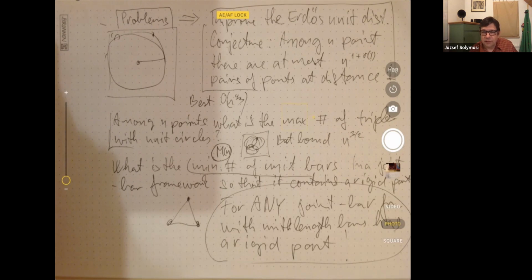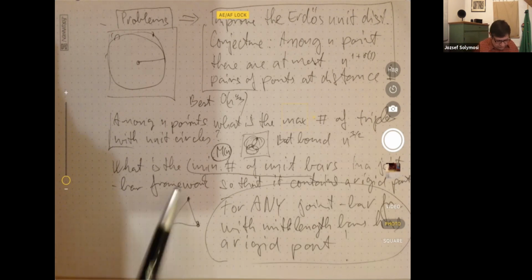Okay. So what does that mean? It means that the devil will construct from your tools. So I give the devil that many unit bars and joints, and the devil will keep it flexible without any rigid subpart as long as it's possible.